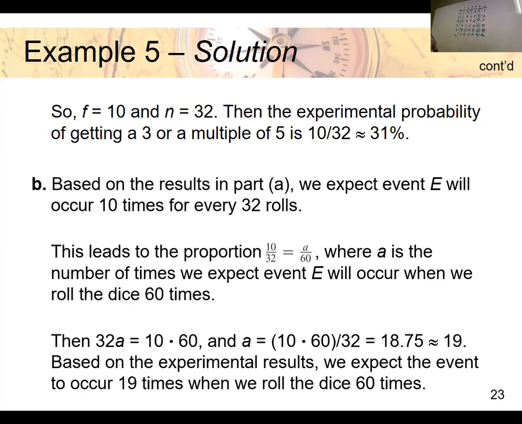Okay, so based on that experiment, we would expect to get a 3 or a multiple of 5 19 times when the dice is rolled 60 times.